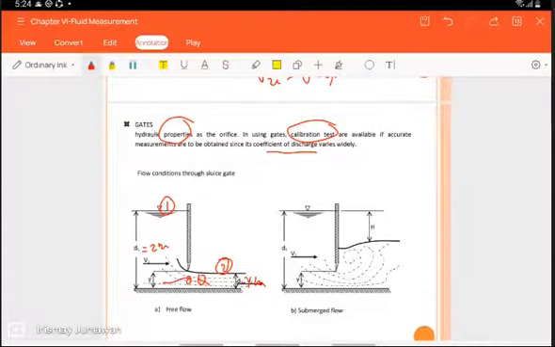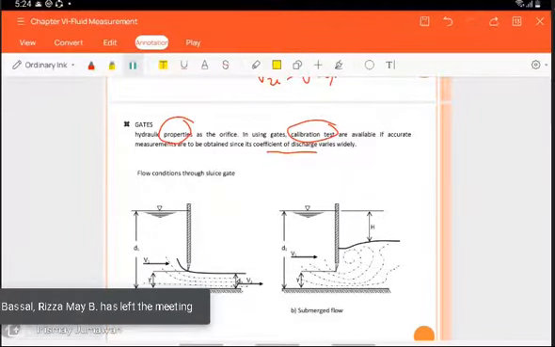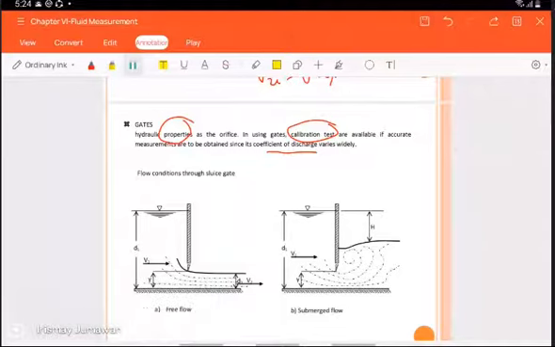Again, this one is your gate. The depth downstream depends on the opening of your gate. D1 is the upstream depth, and the depth downstream of the gate, for example a sluice gate, is D2.